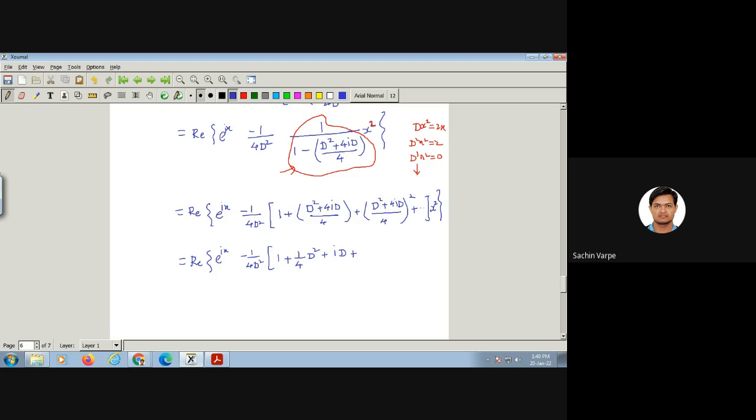Then twice ab में d³ आएगा, that is neglected. Only the last term will be there, right? So (4id) whole square is 16i², which is -1, minus 16d² upon 16. Yes or no?